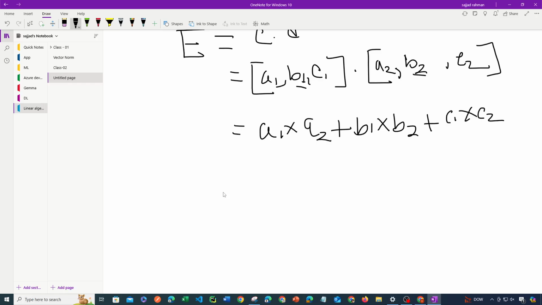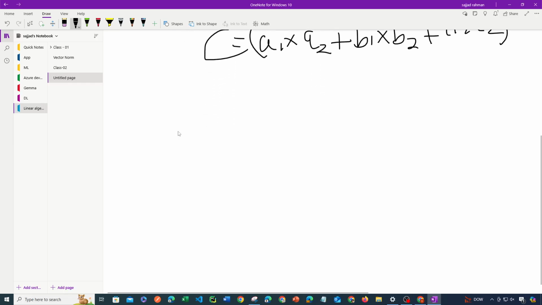And the next topic is scalar multiplication. Before we deep dive into scalar multiplication, when we multiply two vectors by dot product, the result will become a scalar. Okay. So how do we do this?